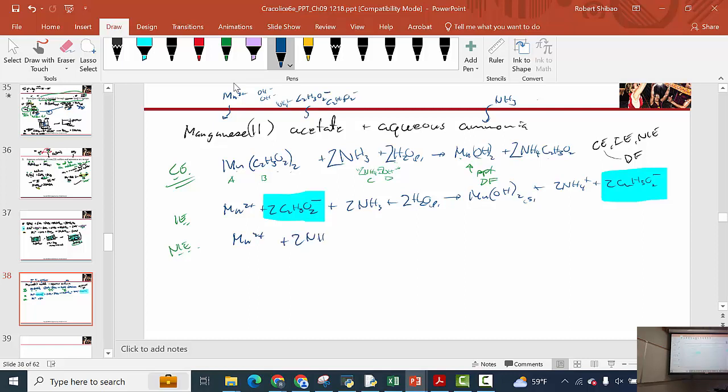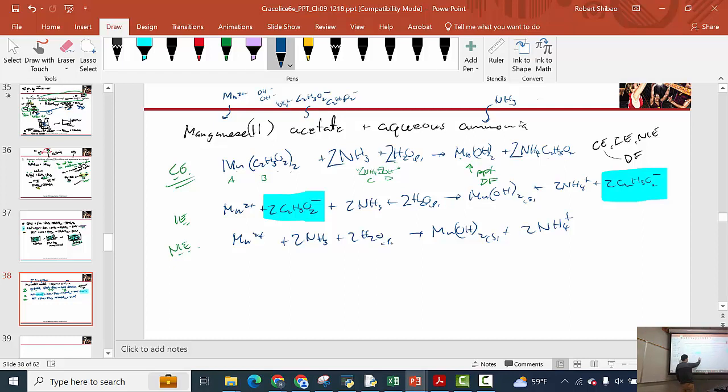Mn2+ plus 2 ammonias plus 2 waters yields Mn(OH)2 solid plus 2 ammoniums. The ammoniums are not spectators because ammonia and ammonium are two different things. This is balanced. The acetates are still there, so that charge balances positive.